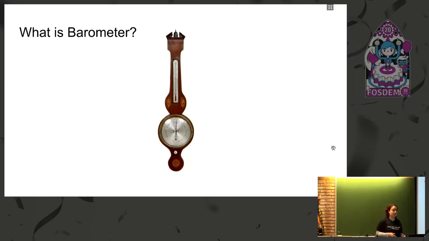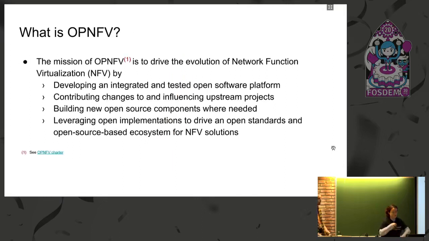So barometer itself is part of OPNFV, and I'll explain briefly what that is, because barometer's relationship to OPNFV dictates the activities that the project actually undertakes. OPNFV is the Open Platform for Network Function Virtualization.